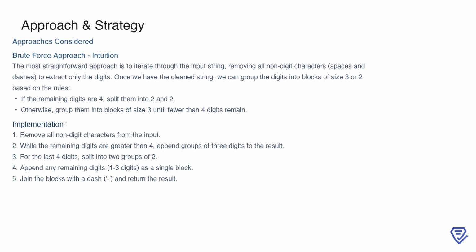If there are exactly 4 digits remaining, we split them into 2 groups of size 2. Otherwise, we continue grouping digits in blocks of 3 until fewer than 4 digits are left. The process involves appending these groups to our result as we go, and then joining them with dashes to form the final formatted string. This method is clear and systematic, making it a good starting point for implementing a solution.